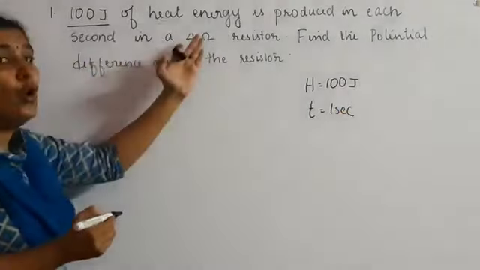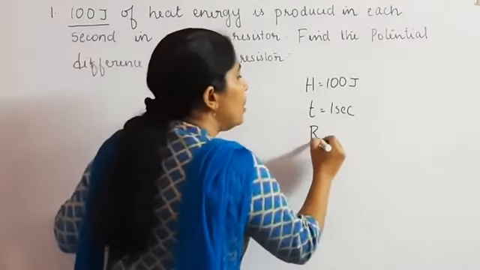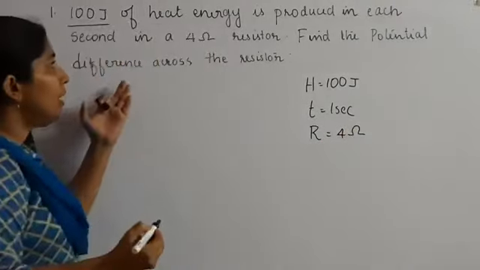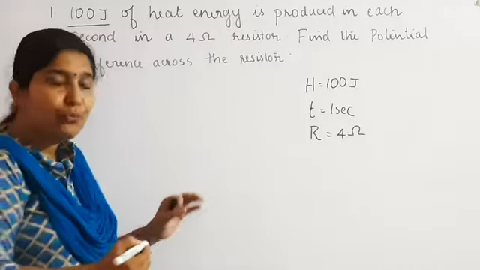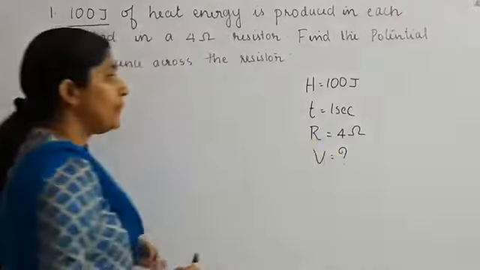In a 4 ohm resistor, that is, resistance R is equal to 4 ohm. We want to find the potential difference V.